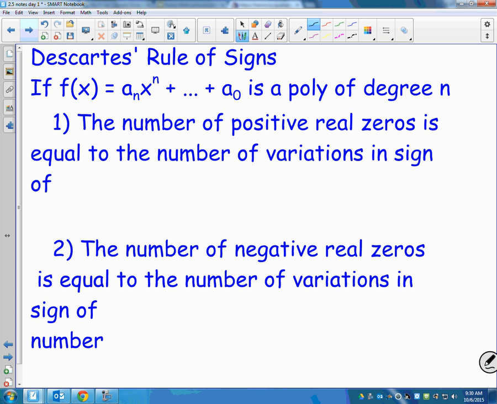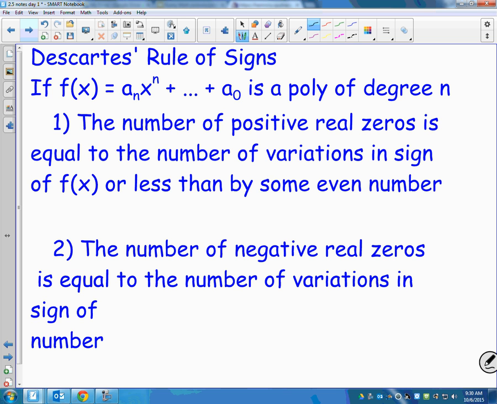Descartes did a whole lot of math stuff, but this is actually named just for him. It's called his rule of signs. It says, if you have a polynomial of degree n, the number of positive real zeros is equal to the number of variations in sign of f of x, or less than that by some even number. Aren't you glad I didn't make you write the whole thing? So here's a really easy test if you did this in Algebra 2.